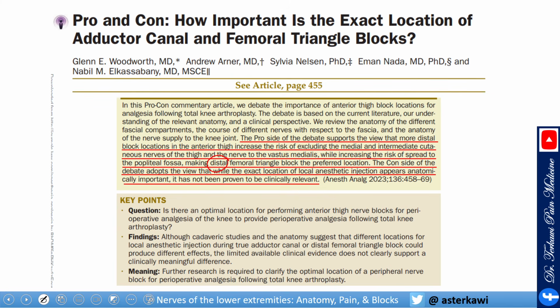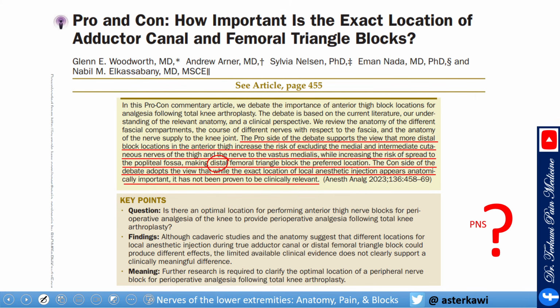So if you go outside the canal and you put some medication that will reach the vastus medialis, again, it depends on the volume. So this is why, in my opinion, that difference, although anatomically it makes sense, clinically didn't make a big difference. Now, is that true for peripheral nerve stimulator placement?